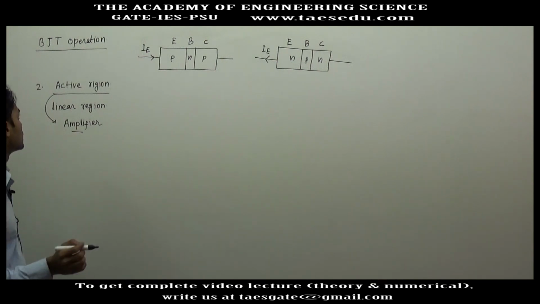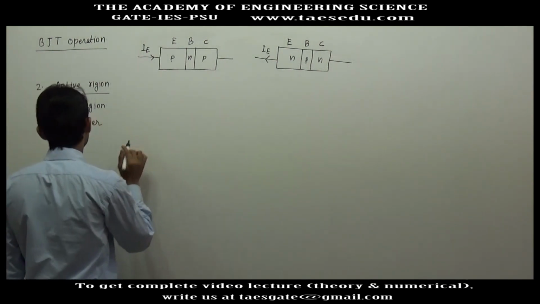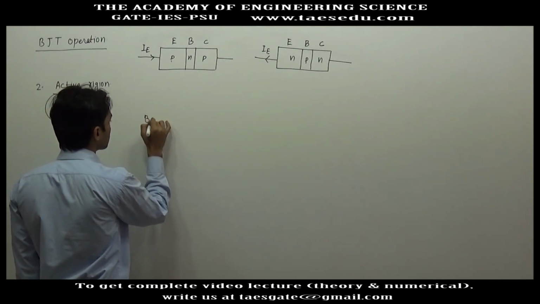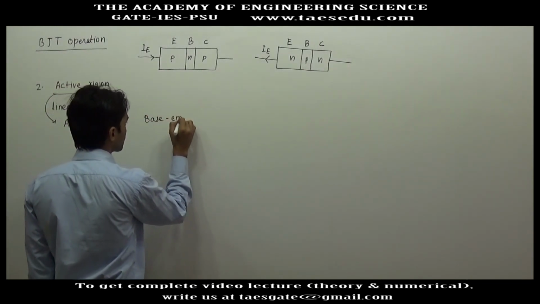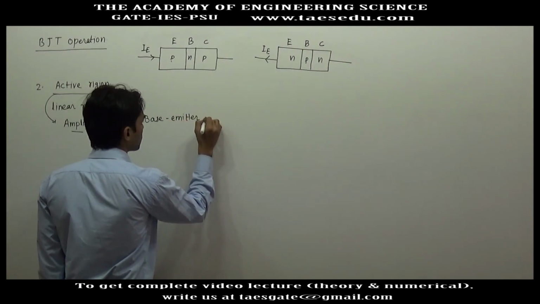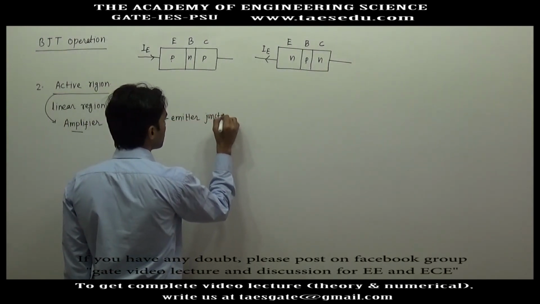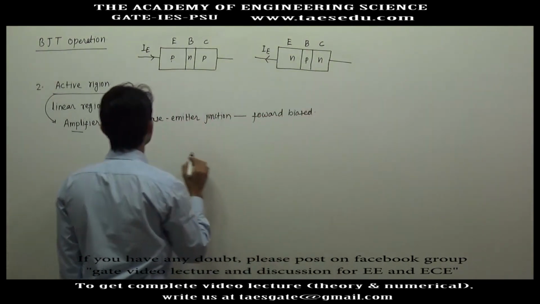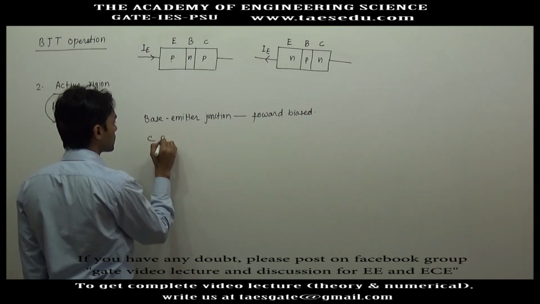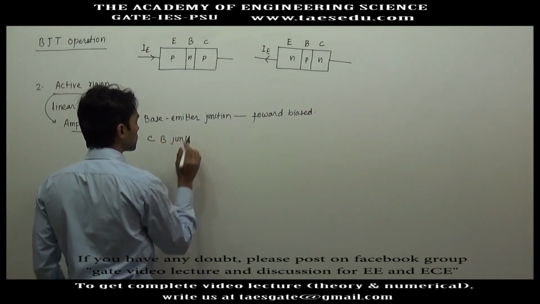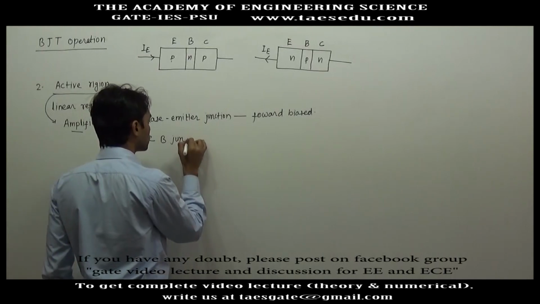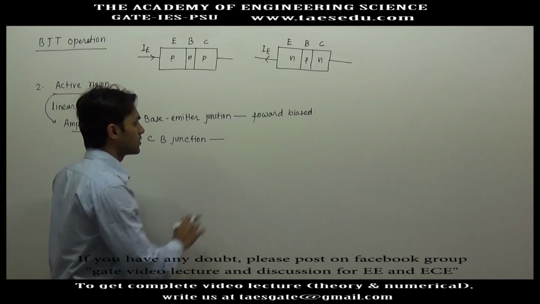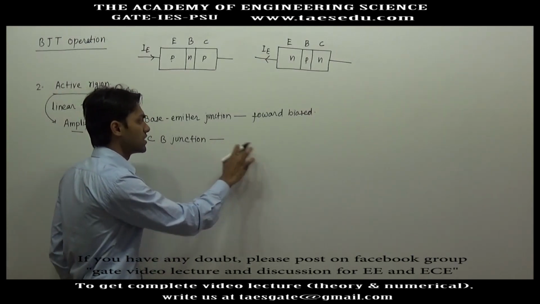So first I am writing the condition. In the active region, what will happen? For both types of transistor, the base emitter junction will be forward biased, and the collector base junction will be reverse biased.